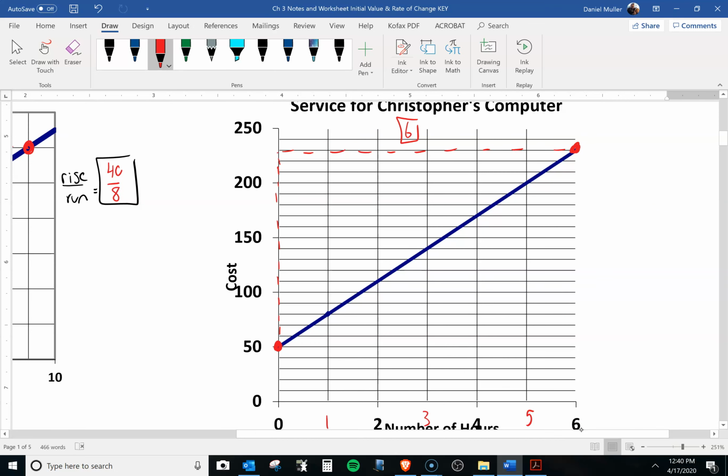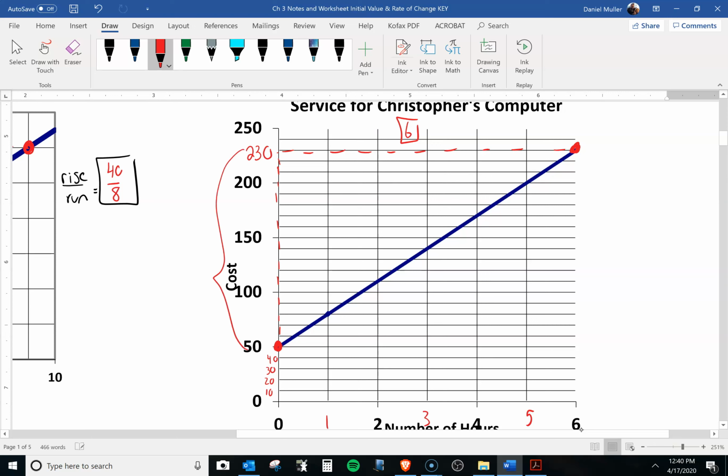But my rise, that's a little bit interesting because I don't know what the scale is. 10, 20, 30, 40. So yeah, that works. So they go up by tens. So I'm at 50, and I'm at 200, and 210, 220, 230. So that's where I am. So I go from 50 to 230.